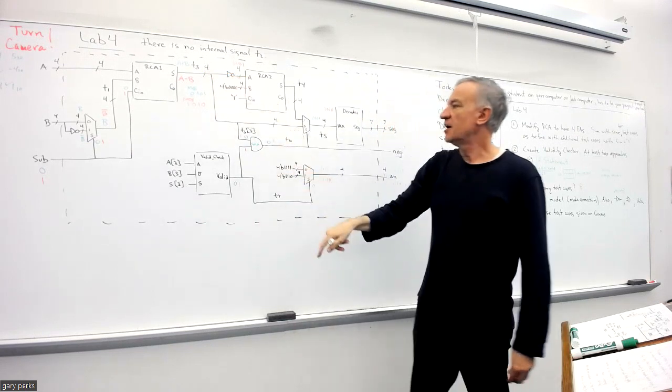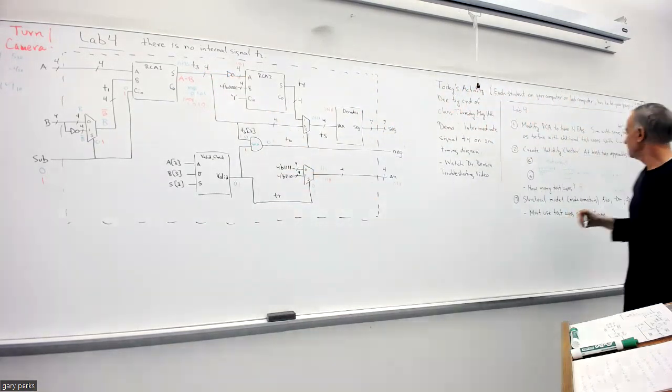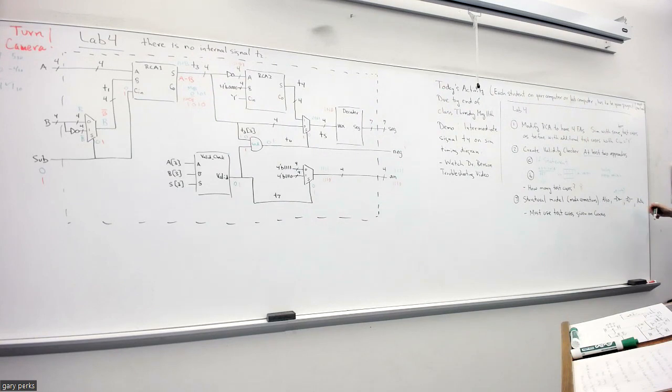Okay. The AND gate, again, in your structural model, you take care of with an assign statement. In fact, if you go back and look at that activity from a couple of weeks ago, when we did the structural model, remember, you had pizza and sort and fruits.